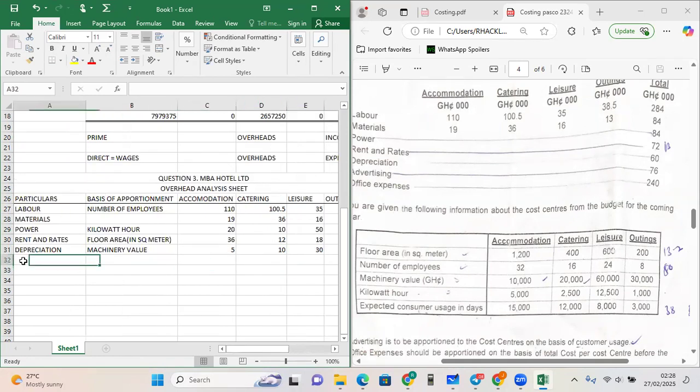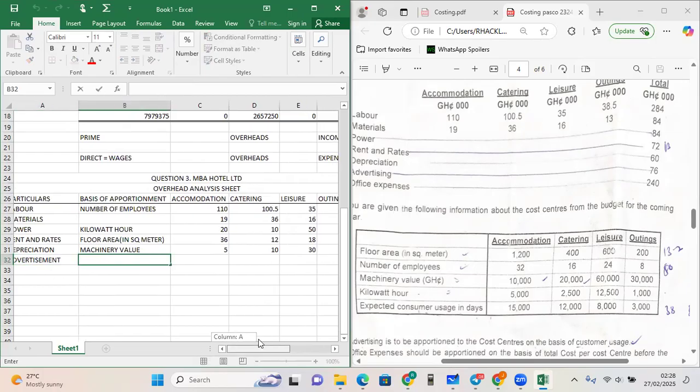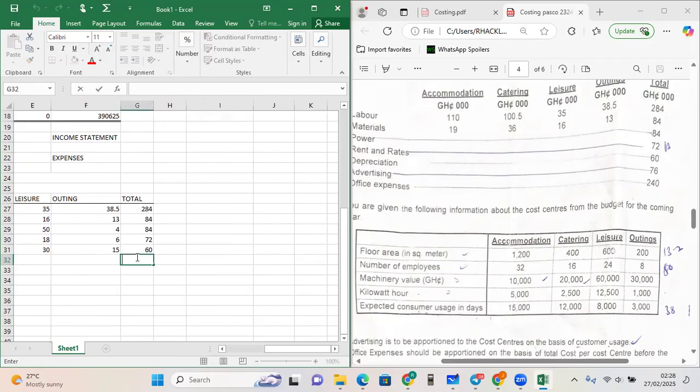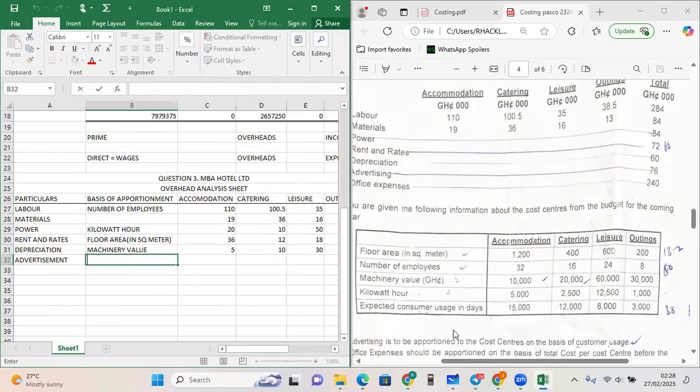The next one, go to advertising. Advertising is still the same. The total is 76. Then we are going to do the same thing.